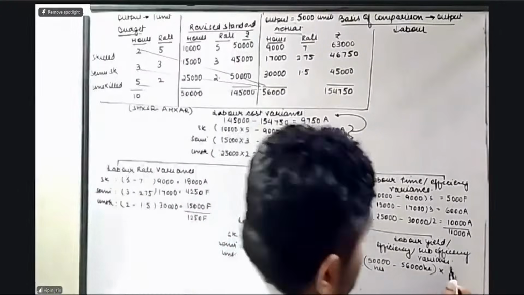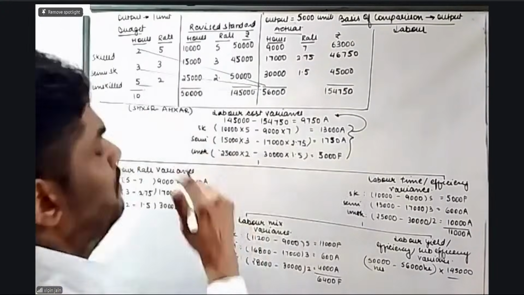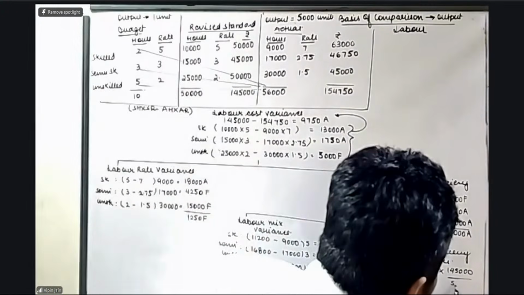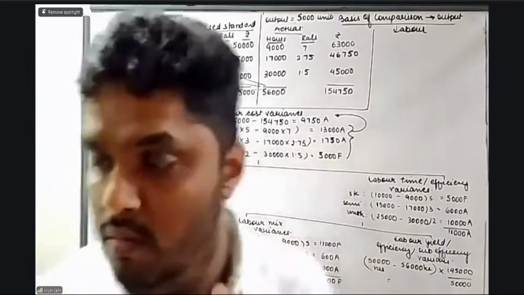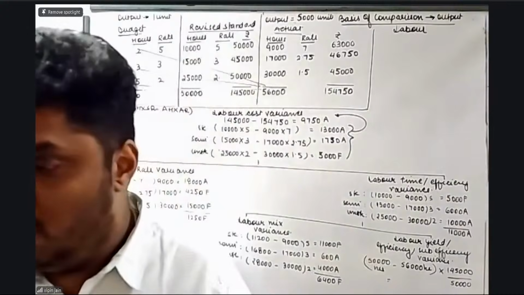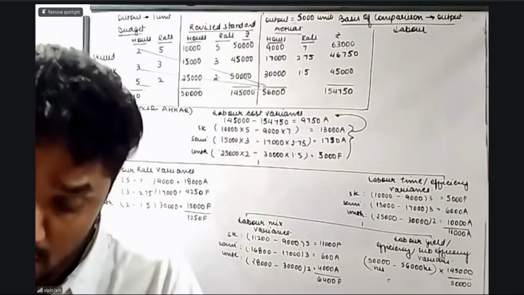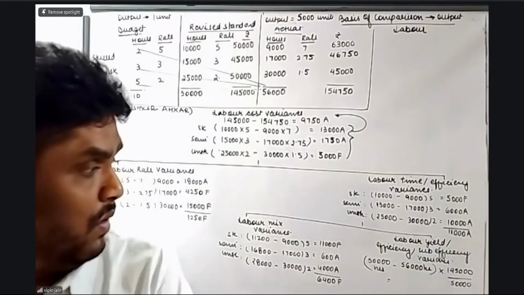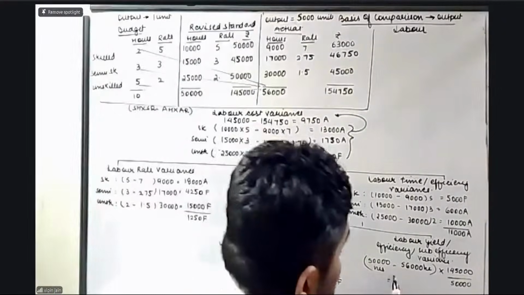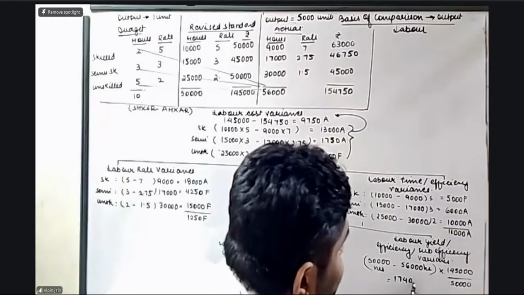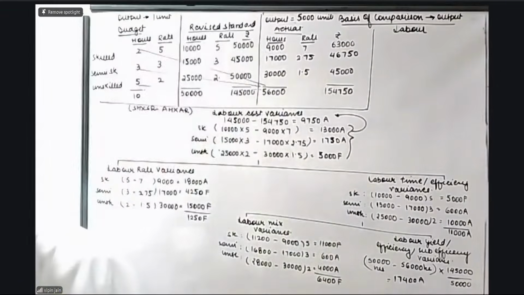Into the weighted average rate. $17,400 we took extra, so this will be adverse.